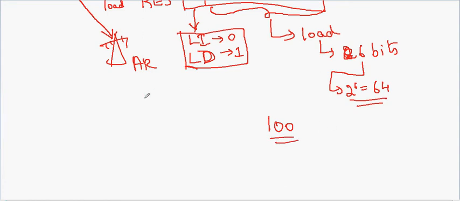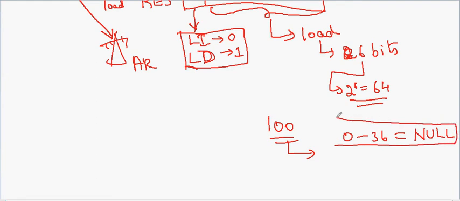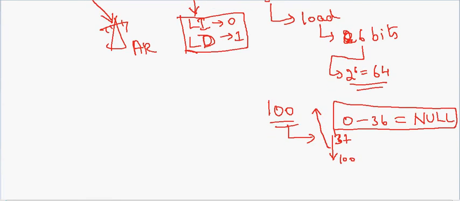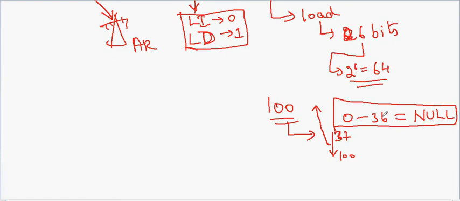It's simple. Only the top 64 values are considered as load, because 0 to 36 is considered to be null, that is low load. We're not worried about this 0 to 36, and from the rest, 37 to 100 is specified in these 6 bits. So if the load is 36, then no problem, it's low load.